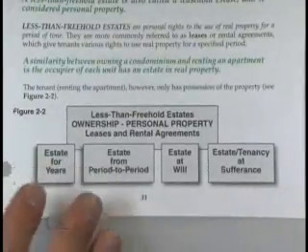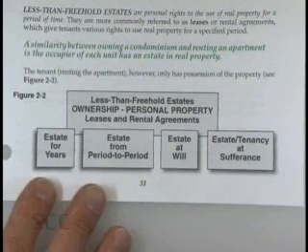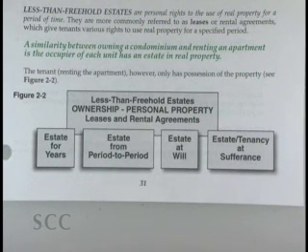Personal property. Now, in the case of personal property, which they give you a little diagram here, they talk about it that it's less than freehold. Typically, we're talking about property that has lease and rental agreements on it.